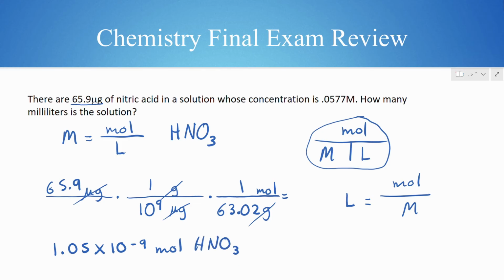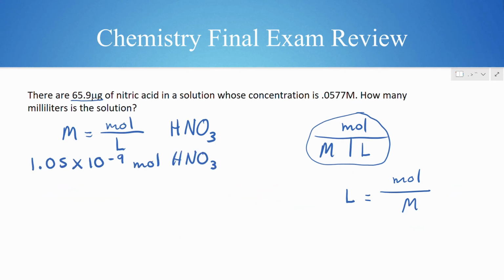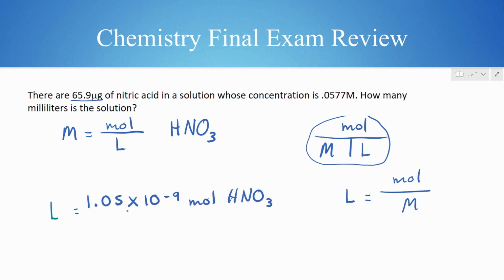So now we can place our moles on top and our concentration here, and that will give us our number of liters of HNO3. The number of liters will be the number of moles divided by the molarity, 0.0577. Because molarity is equal to moles over liters, the moles cancel out, leaving us with liters.